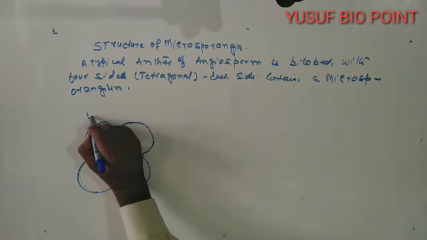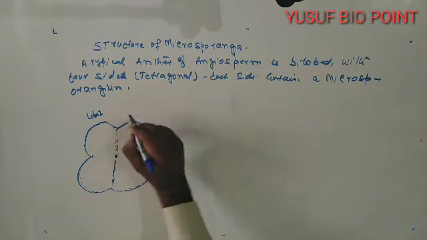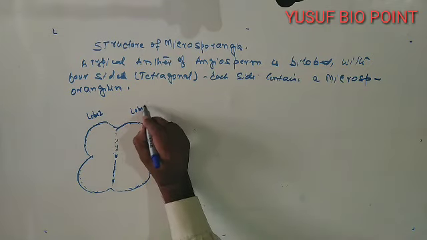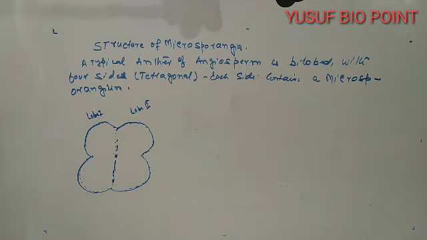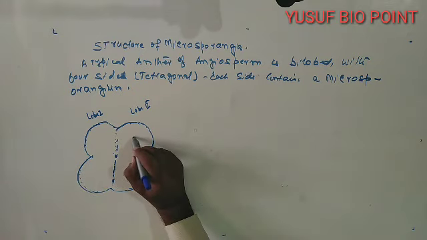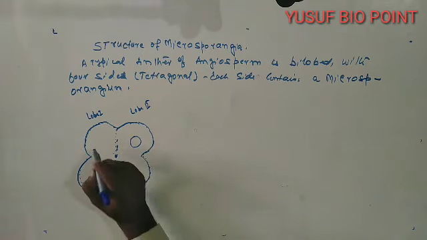This is lobe 1, this is lobe 2, 1, 2, 3, 4 sides, and contain four sporangia.